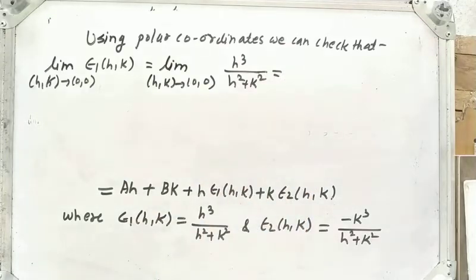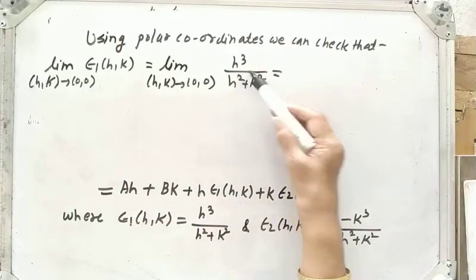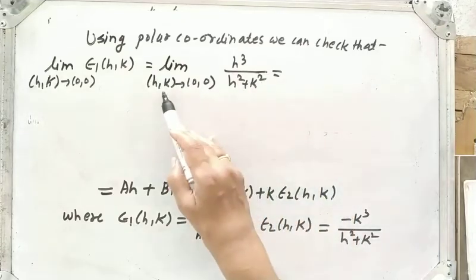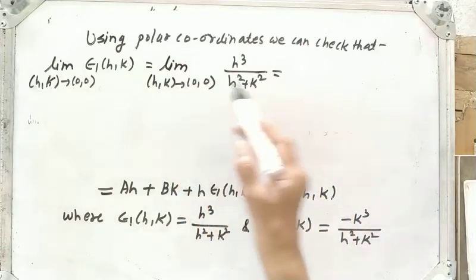Now in polar coordinates we substitute h by r cos theta, k by r sin theta, and as (h,k) tends to (0,0), r tends to 0.